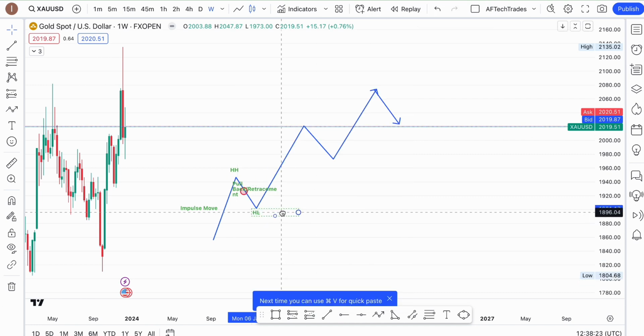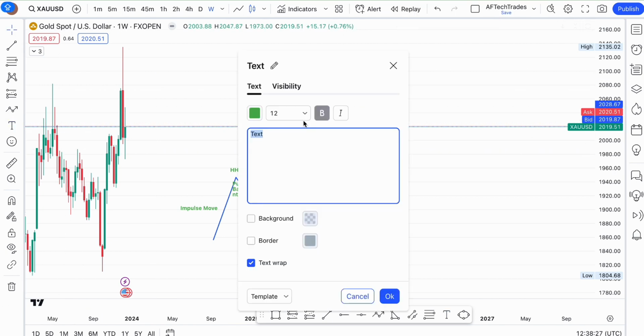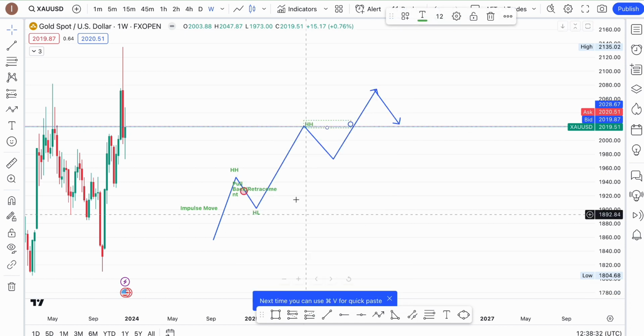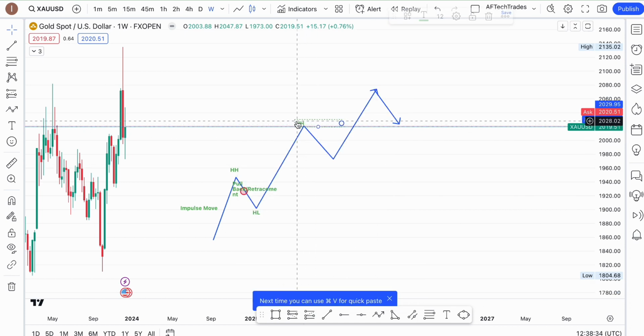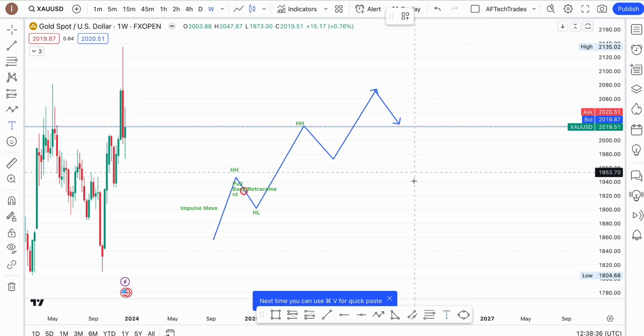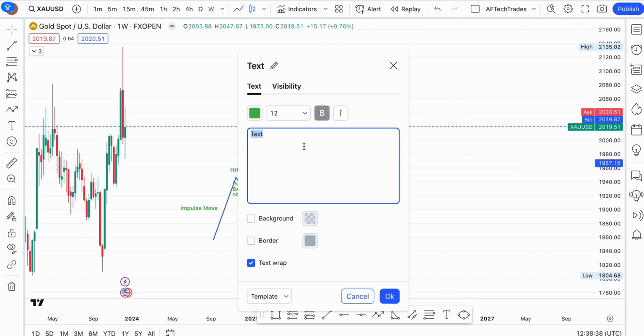Here will be our higher high. And here will be our higher low, right?